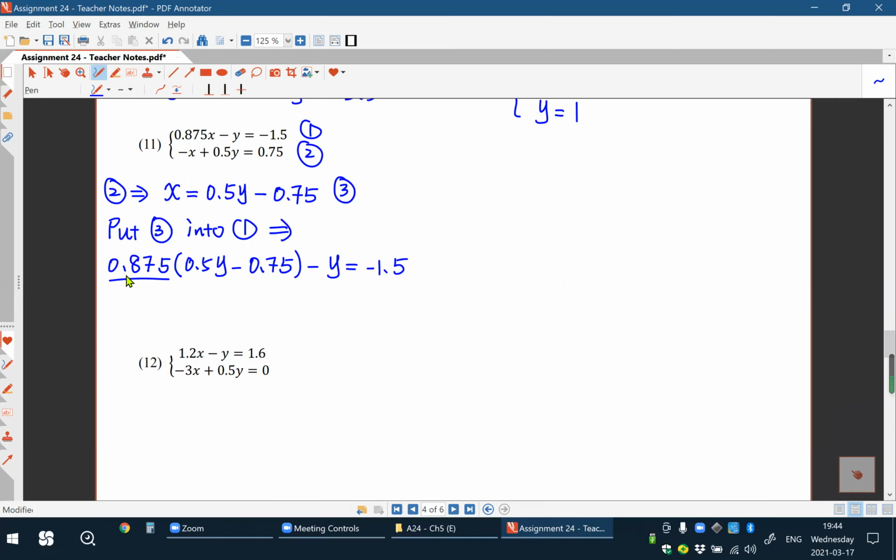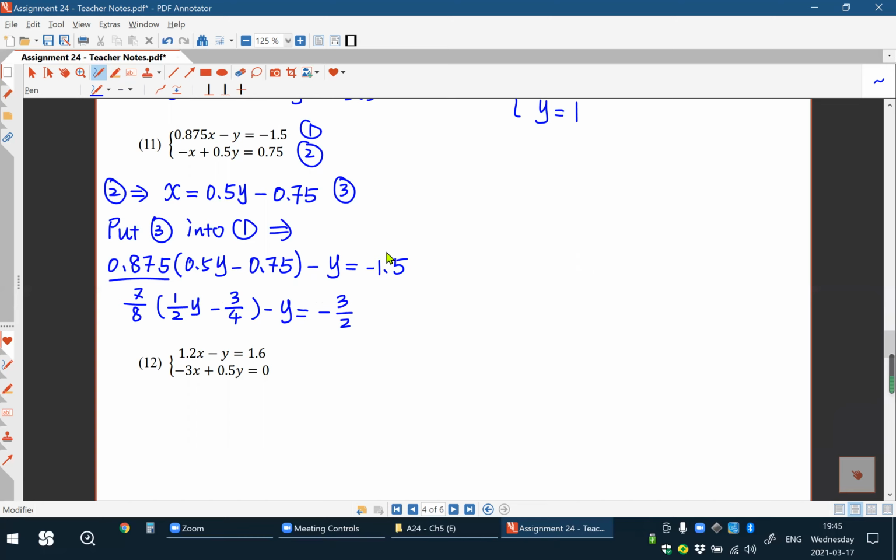So note that 0.875 is actually 7/8, right? Okay, let's convert this into ratios. That will make things easier. Times 1/2 of y minus 0.75, which is actually 3/4, right? Okay, minus y equals, this is actually minus 3/2.